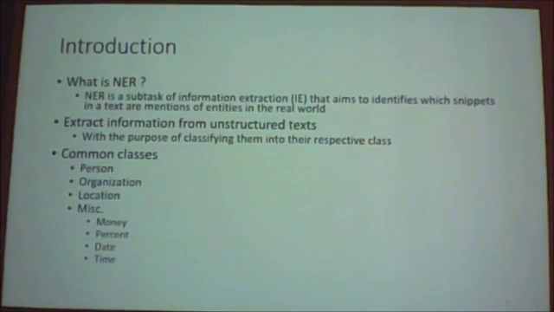It will extract the entity from text and classify the entity into their respective classes, which the common classes will be person, organization, location, and miscellaneous. However, some people would prefer to further break down into money, percent, date, and time, and there are also other entities which you can customize based on your own needs.